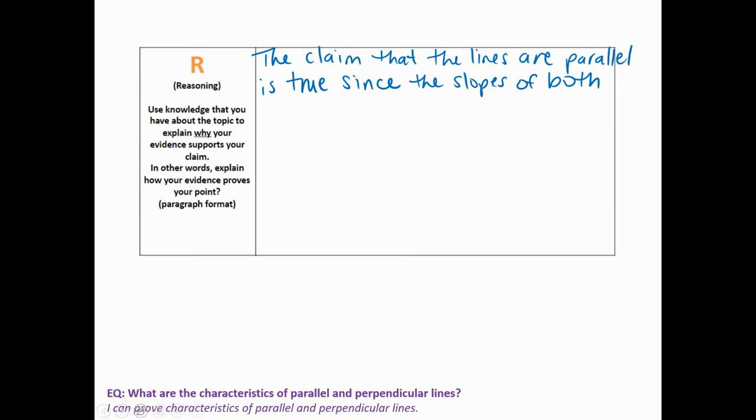So actually I might do it in the order that I have my evidence rather than what I was starting to write. Sorry guys. All right, let's do it in the order that I have. Since the slopes of parallel lines, oopsie, I missed lines.